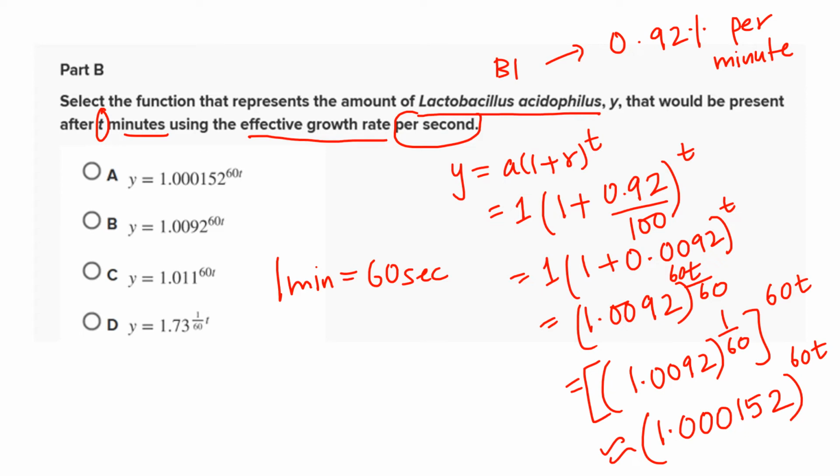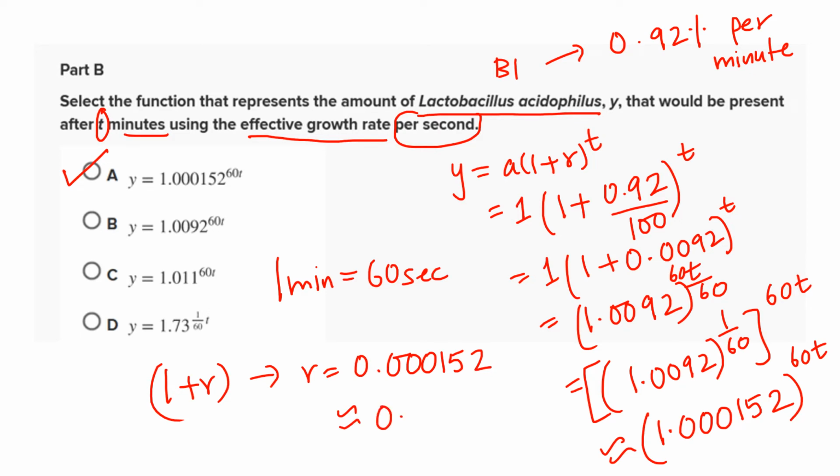You have your answer already for part A, but if you want to do a little more research, then you can break this in 1 plus R form. Means your R is exactly 0.000152. So if you convert into percentage, you move the decimal place, so 0.0152%. That's the rate of growth.